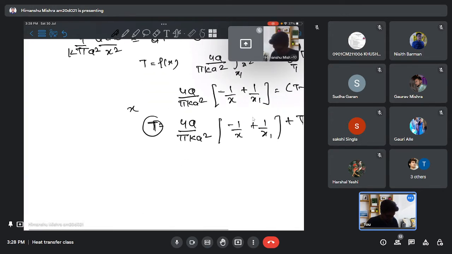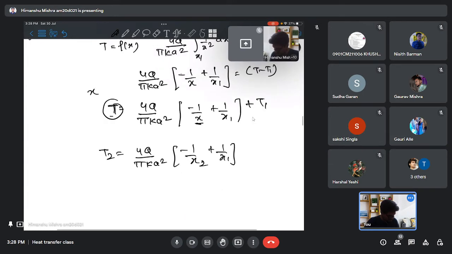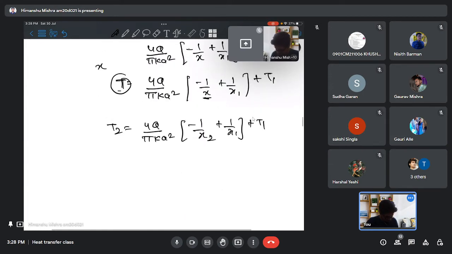So I can substitute here T2 equals 4q by pi k a square times (1 over x1 minus 1 over x2) plus T1. So this becomes T2 minus T1 equals 4q by pi k a square.